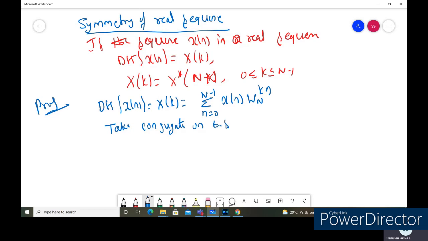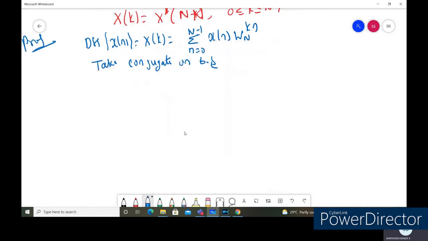When you take the conjugate on both sides, the left side becomes X conjugate of k. The real sequence is not affected by the conjugate: since x of n is a real sequence, even if you take the conjugate of x of n, it remains the same.